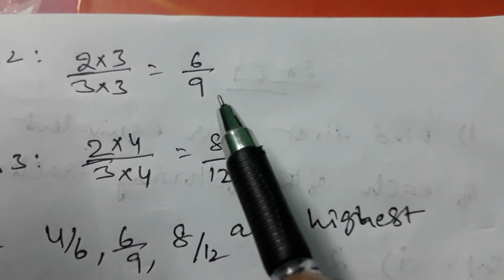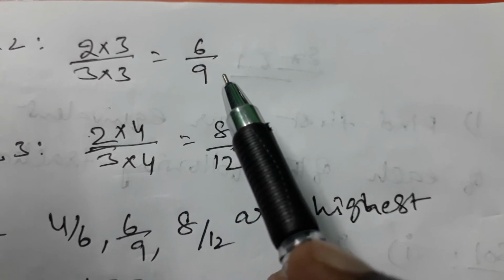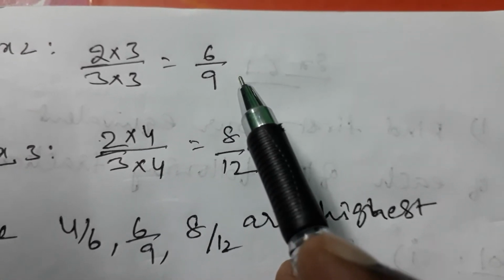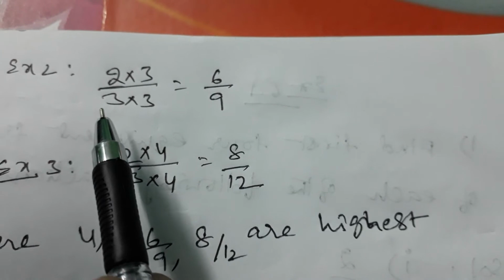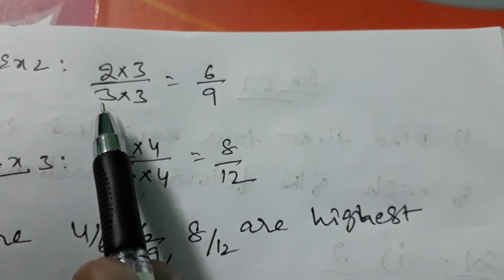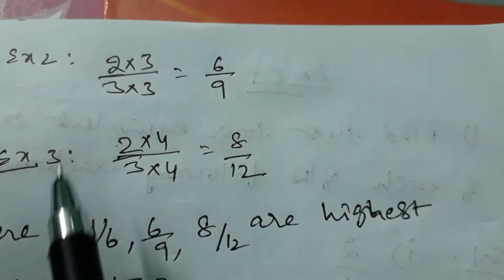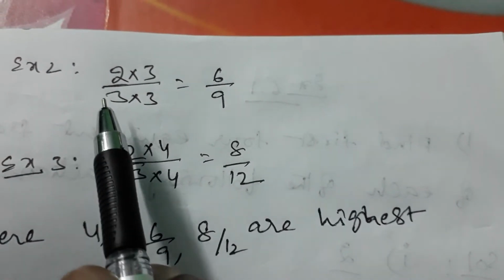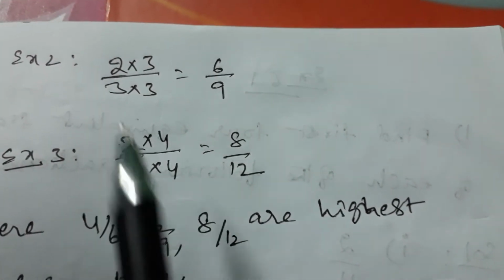Then you will get a new fraction. This new fraction is equal to the original fraction. These two are equal: 2 by 3 and 6 by 9 are equal.